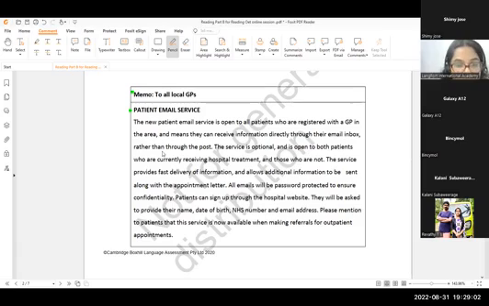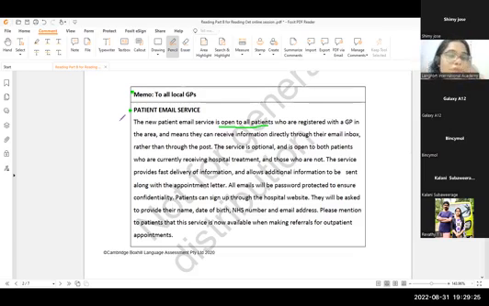Yes, Anita, continue. The new patient email service is open to all patients who are registered with a general practitioner in the area and means they can receive information directly through their email inbox rather than through the post. One second, Anita, let me clarify this.